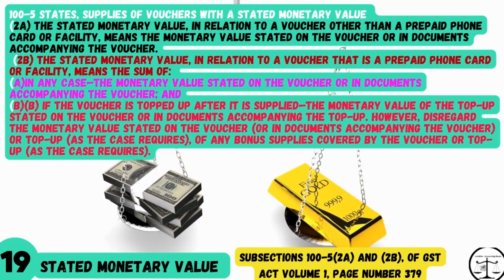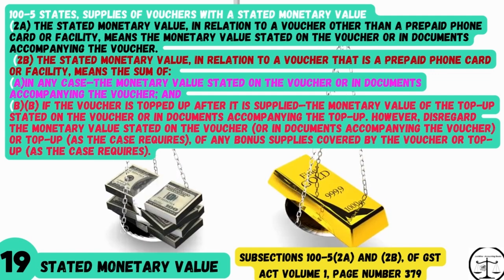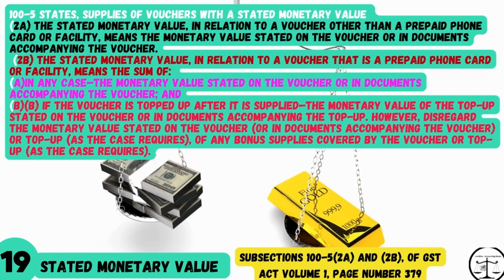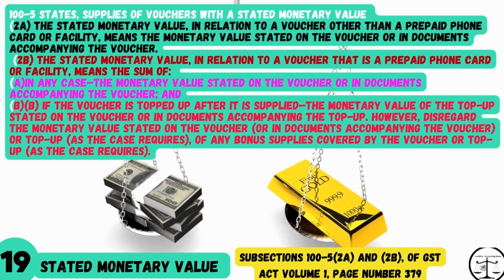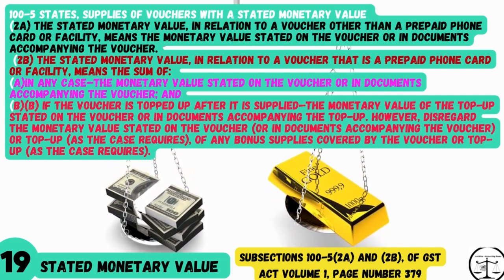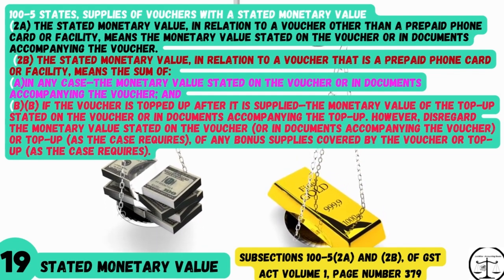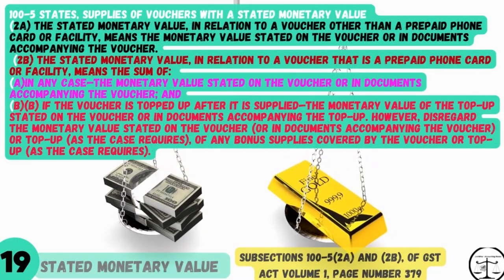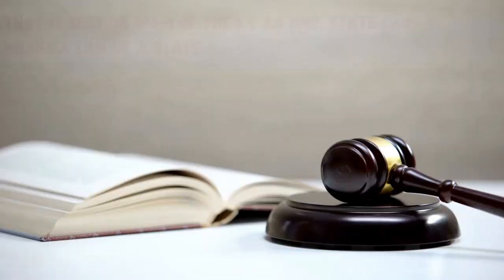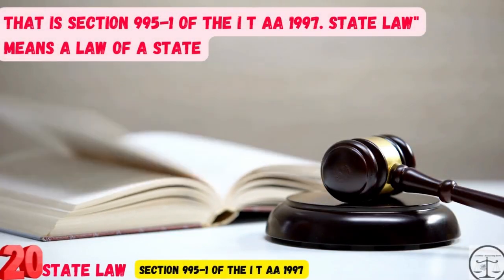However, disregard the monetary value stated on the voucher, or in documents accompanying the voucher, or top-up, as the case requires, of any bonus supplies covered by the voucher or top-up, as the case requires. Next word. Word number 20.